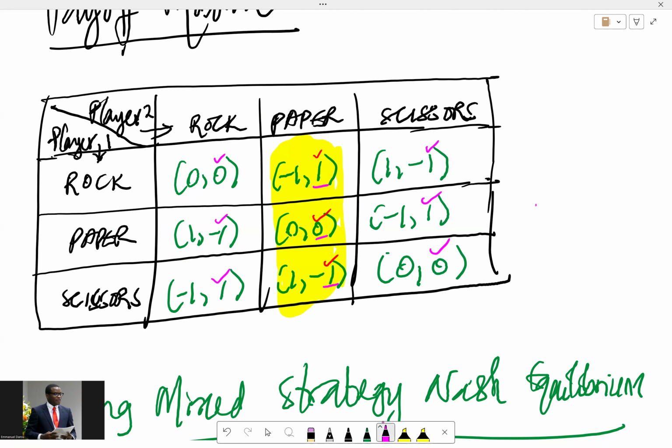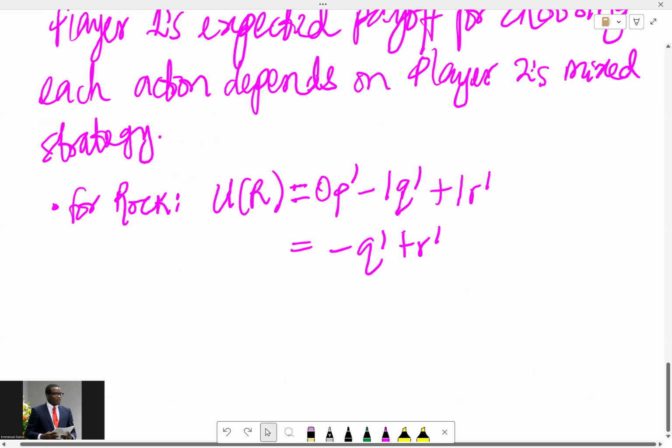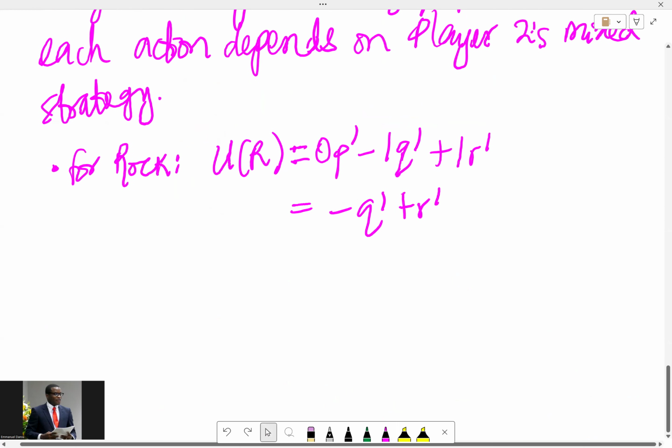If player two chooses paper and player one chooses rock, the payoff is 1. The probability is P prime, right? If player one chooses paper and player two chooses paper, the payoff is 0. If player one chooses scissors and player two chooses paper, the payoff is -1. So we have 1, 0, -1 again.